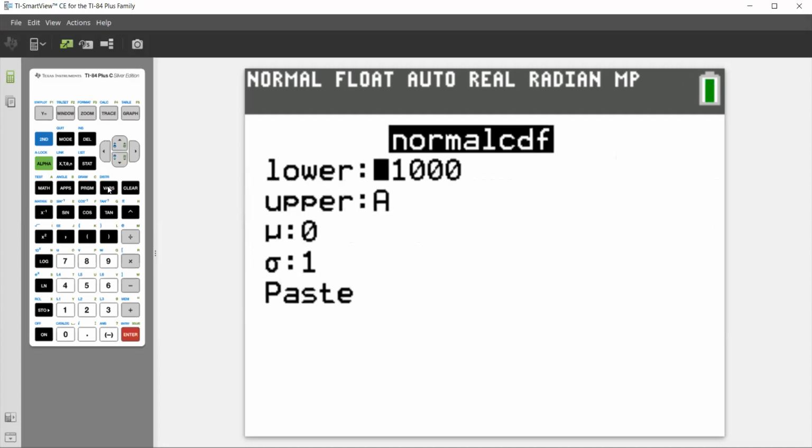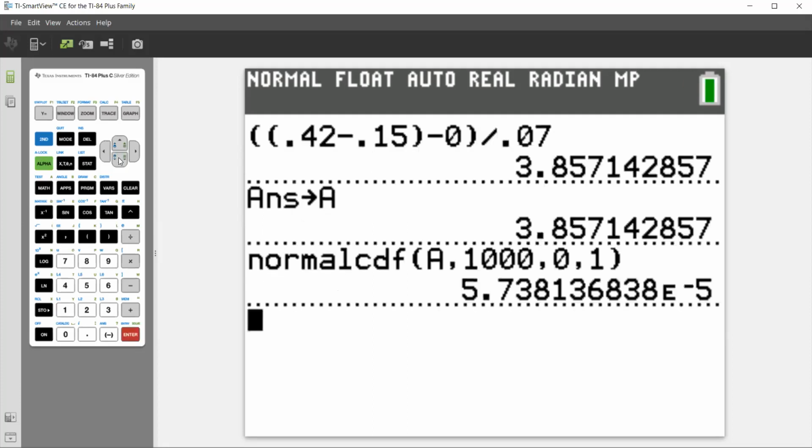We put our test statistic as the lower end of the interval, so we type in alpha A, which we already stored, and positive 1,000 is the upper end. All right, that's our p-value. Look how small this is. Remember that e-5 at the end means 10 to the -5 power. So this is 5.738 times 10 to the -5 power.